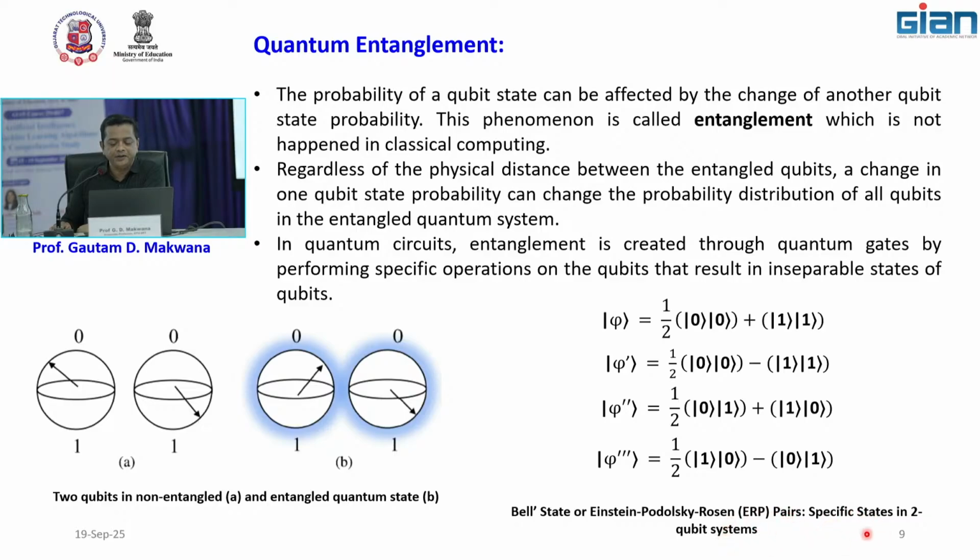That is a specific state in the qubit system. If there is a change in the probability of one state, the other state of the qubit will also change. That is known as entanglement, irrespective of the distance between the qubits, which is not happening in classical computing.